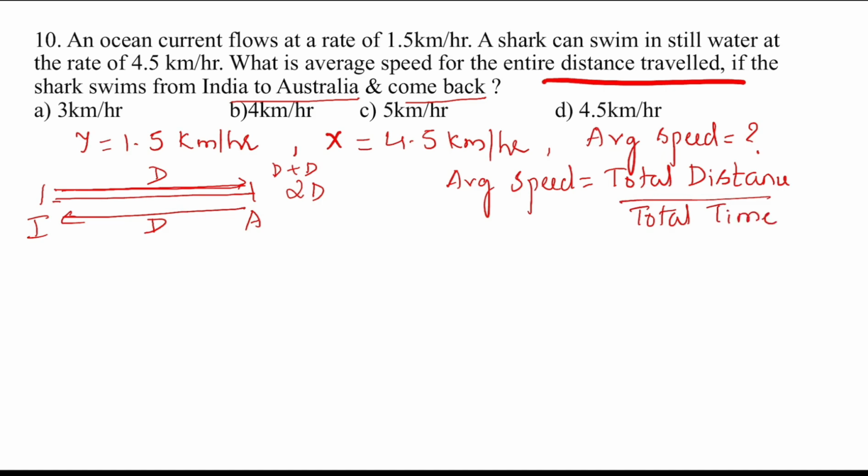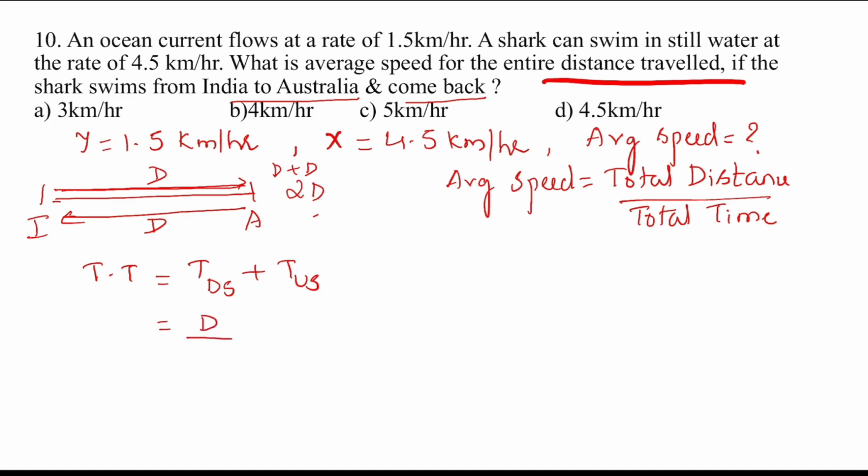Okay, we know total distance is 2D, but we don't know the total time. But we know X and Y, isn't it? So we can find out total time. So what is total time? It is time taken to go downstream plus time taken to come upstream. Time is nothing but distance upon speed.